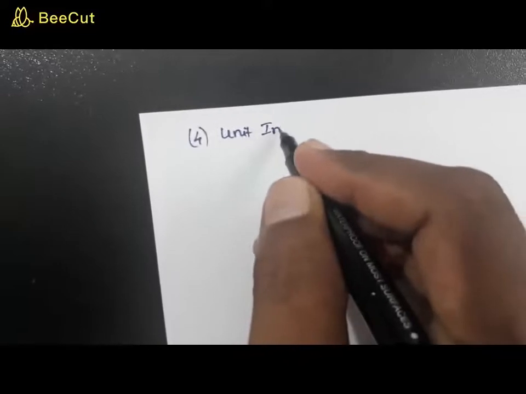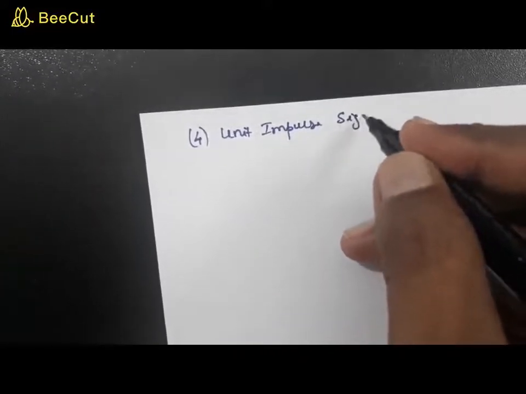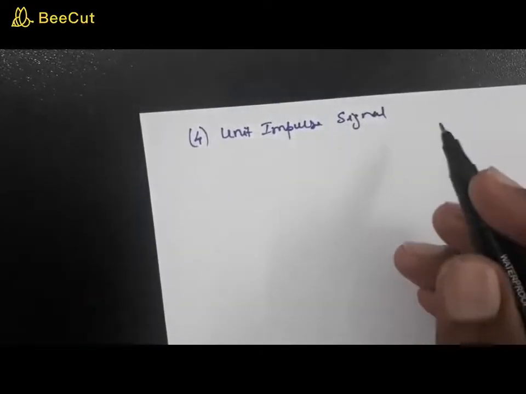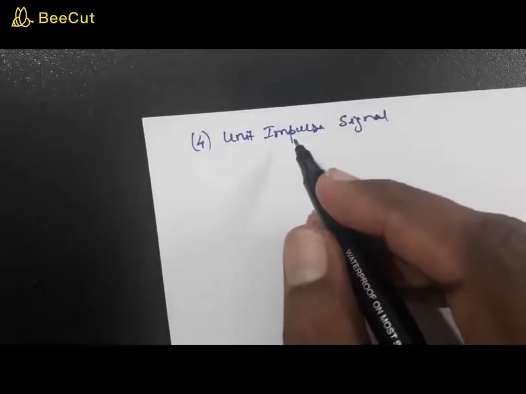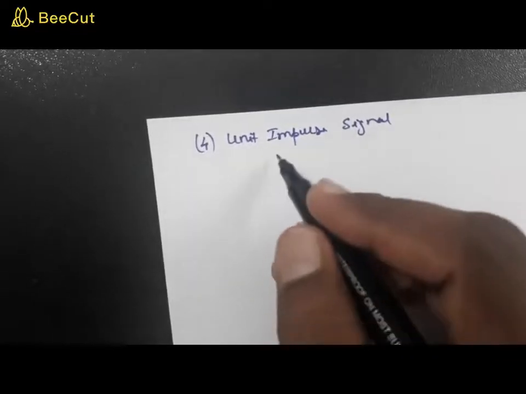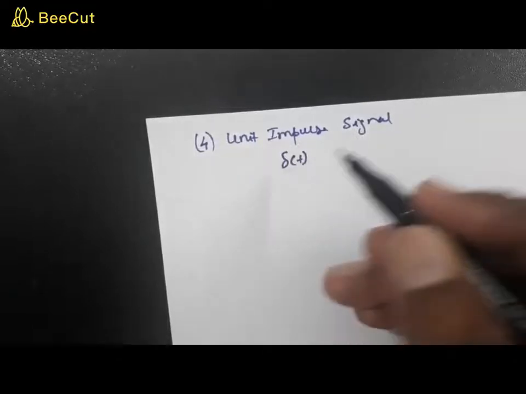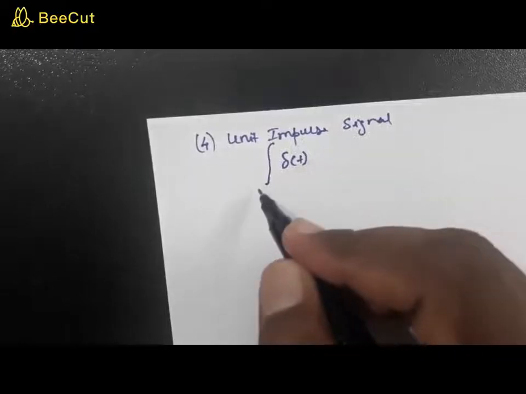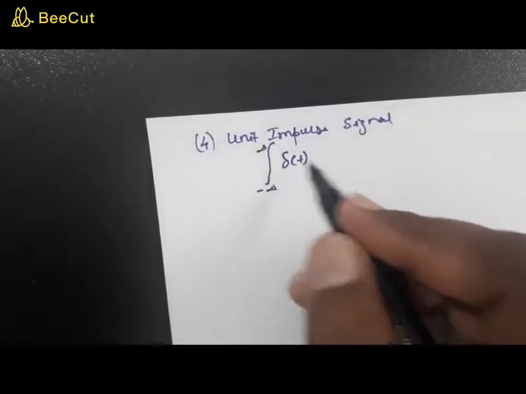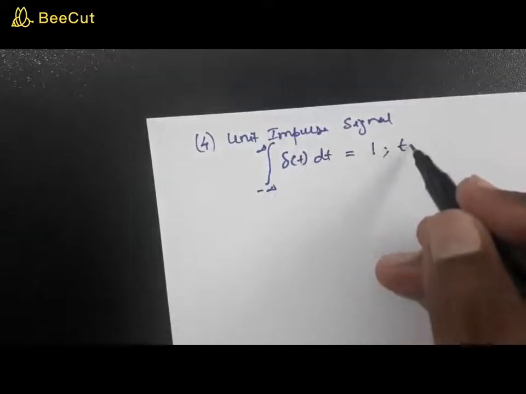Now the next one is the unit impulse signal. I have explained this in a much broader way when we studied signals and systems, so I'm not going to explain too much on this. It is usually represented by del of t, and the integral of del of t from minus infinity to plus infinity is equal to 1, at t equal to 0.